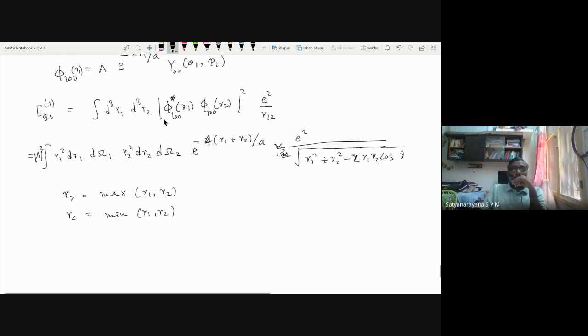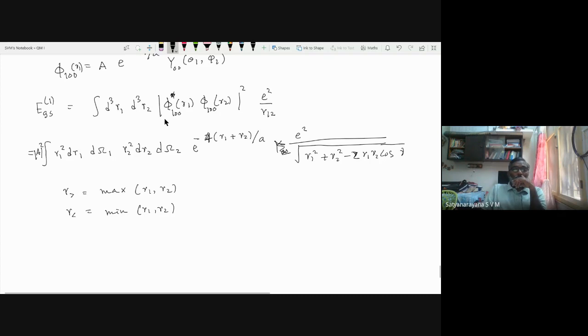Okay, if I do that, then I can pull out R greater, and the remaining one I can write as 1 plus (R small minus R large) the square minus 2 times (R small minus R large) into cos gamma. Now, 1 by R large, and R small by R large is always less than 1.